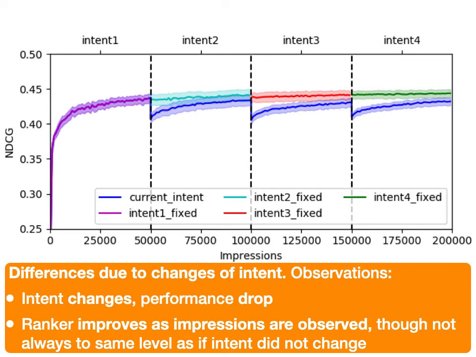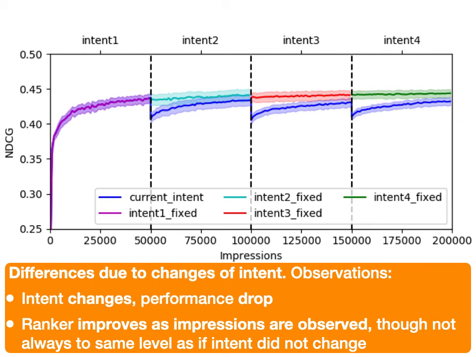But then the ranker improves as impressions are observed, and it often improves to reach the ranker that was trained since the beginning with the specific intent which we are looking at, right?